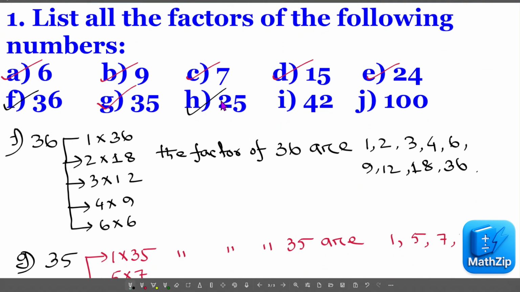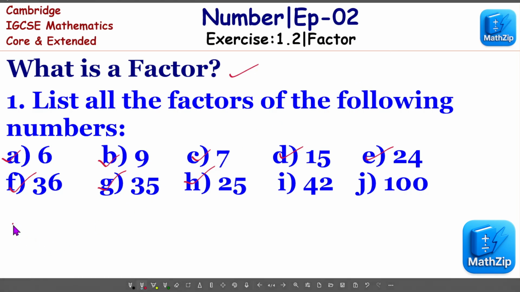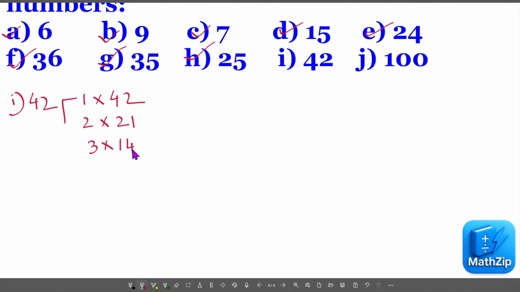So H is done. Number I, 42. First 1 times 42, then 2 times 21, then 3 times what? 3 times 14, right? 3 times 14 is possible.